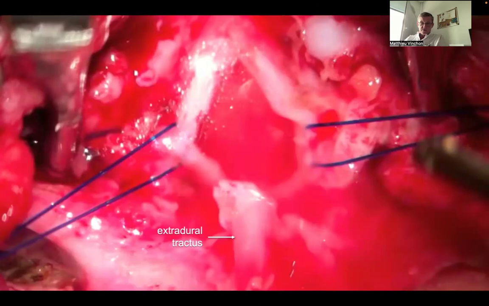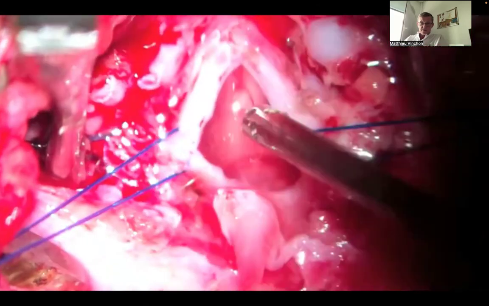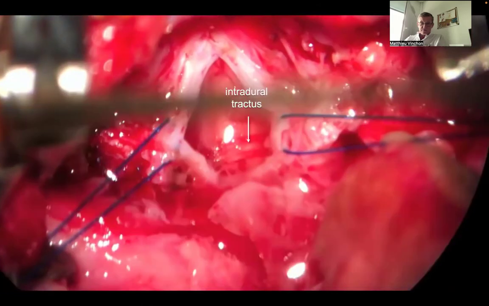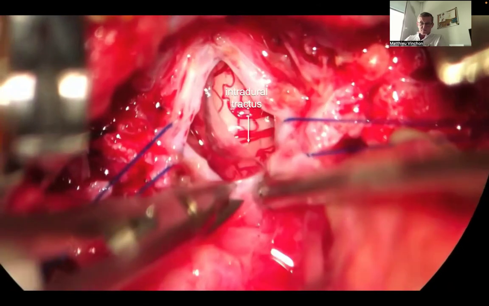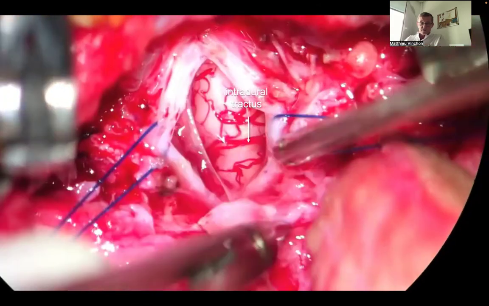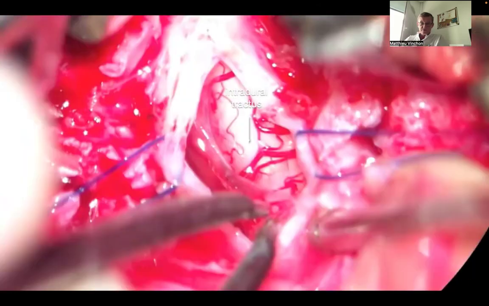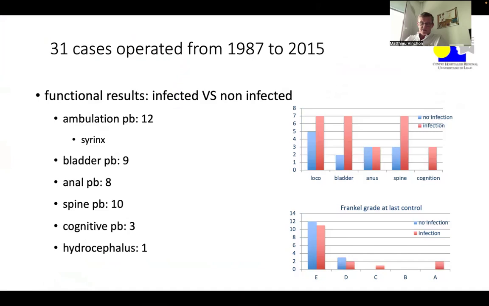We do some suspension of the dura. We can now dissect the intradural tractus, and we shall extend a little more the opening of the dura, just enough to expose the attachment of the tractus to the spinal cord. And now we are coagulating and sectioning this tractus.